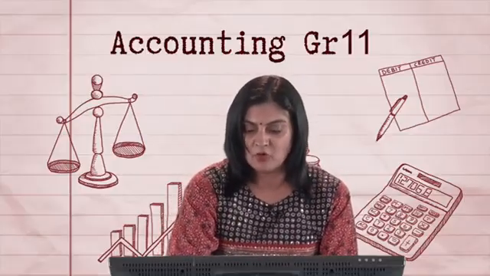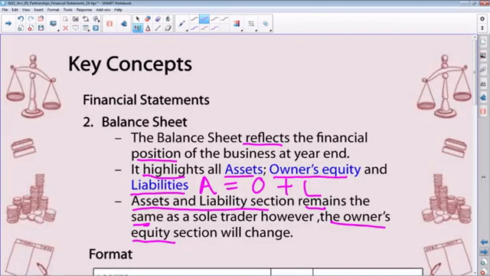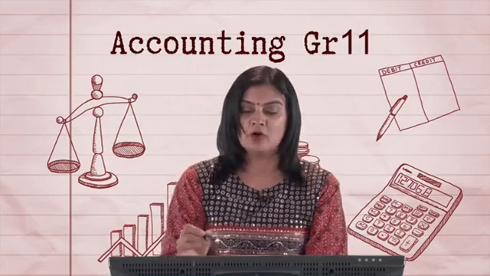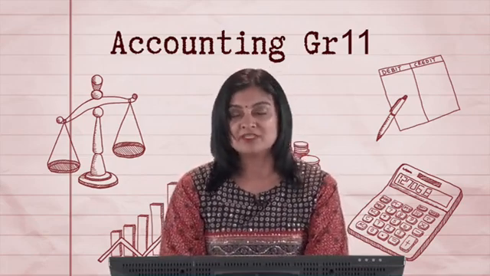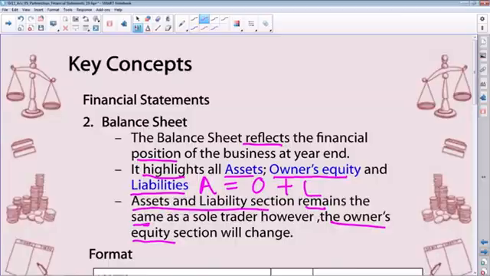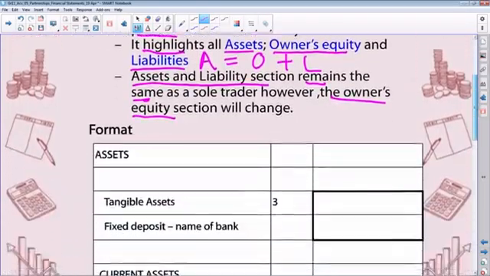The owner's equity section will change because remember, guys, with a sole trader you had just one owner contributing capital, whereas in a partnership that now changes. You now have two owners, sometimes up to a maximum of 20. Thank God, your syllabus normally keeps it to two owners, so you've got to now show owner's equity as per partnership requirements. Okay, so let's quickly go through the format.